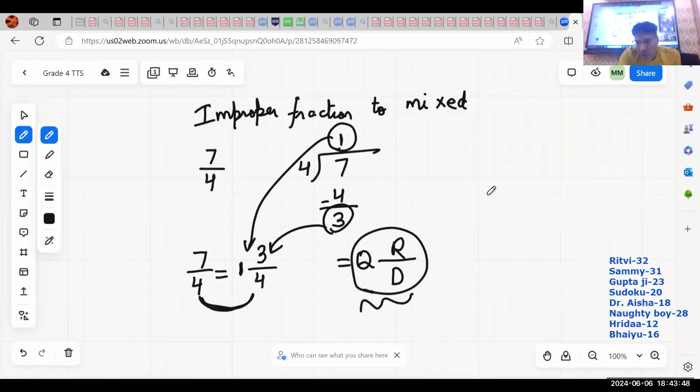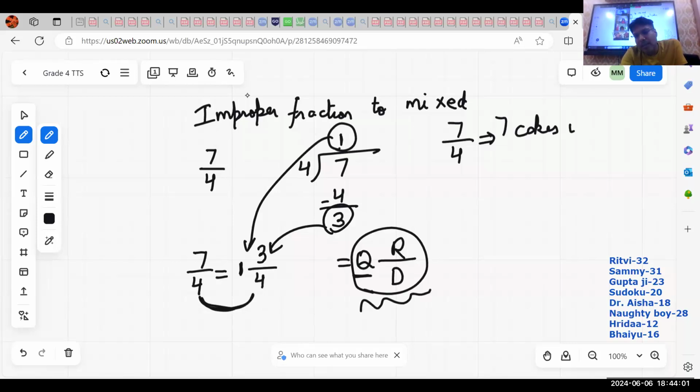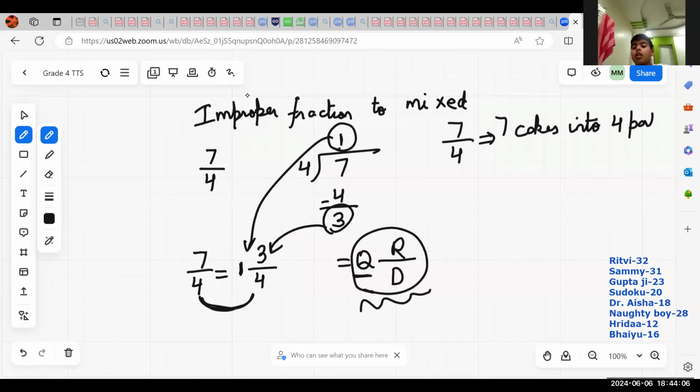Everyone can note it down. QRD. Quotient. For 7/4, everyone knows it means that I have to divide 7 things, it can be cakes, it can be chocolates, into 4 parts. Everyone knows this or don't know? Fraction is actually division.